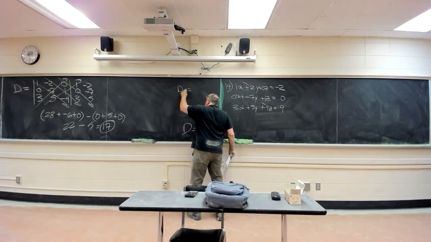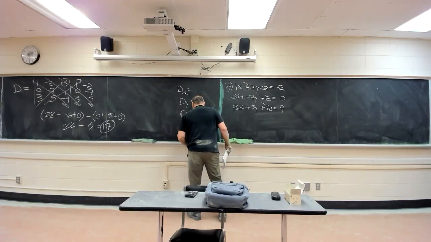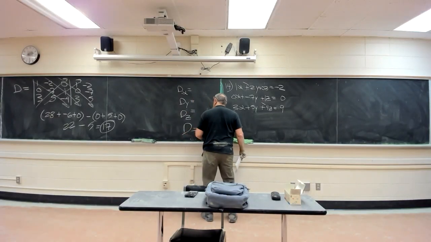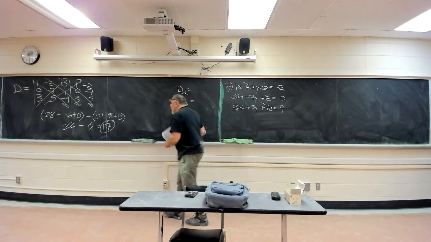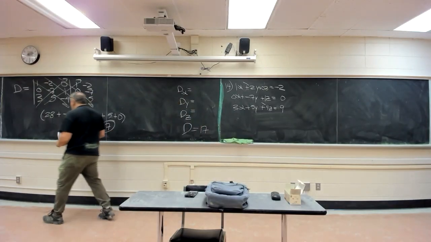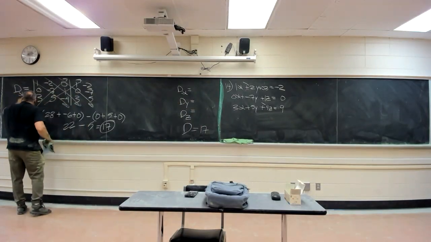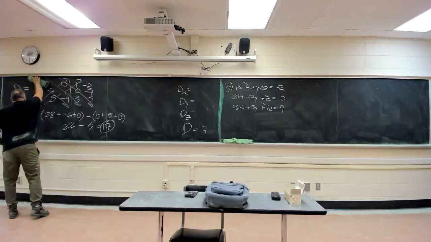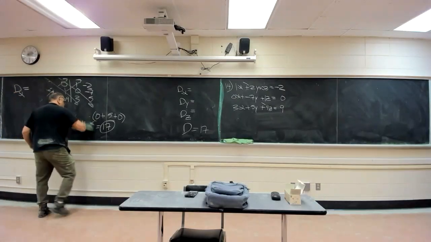Let's get dx. Let's get dy. Let's get dz. Because in the end, we're going to figure out what's going on. All right. As we say, let's figure out what d sub x is.